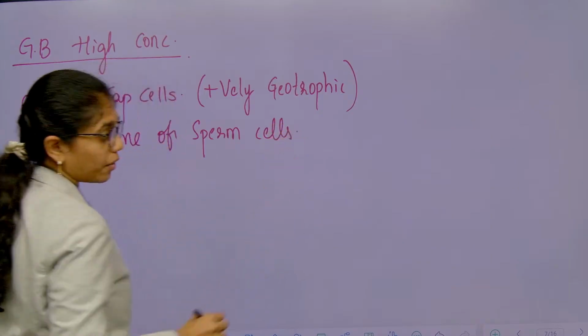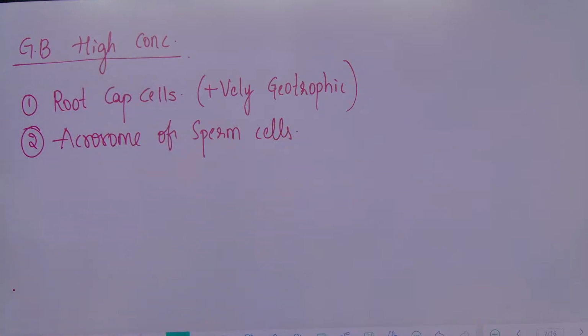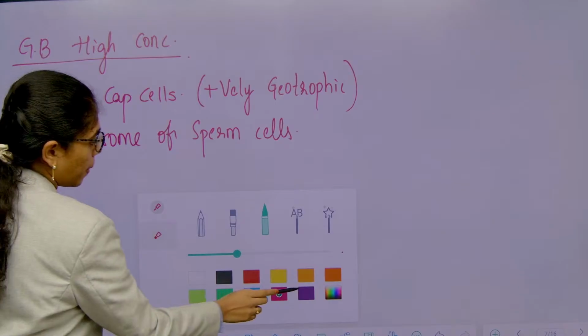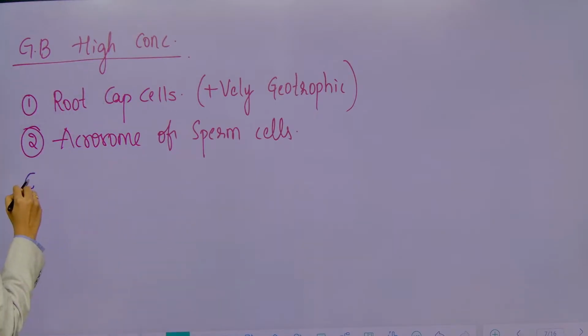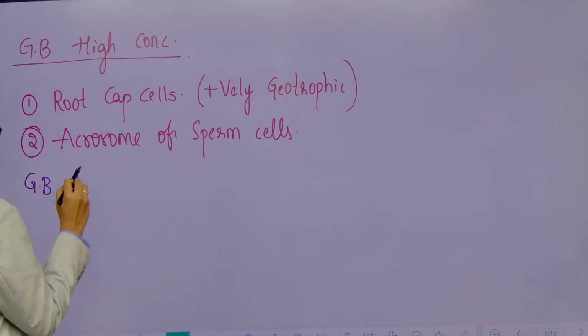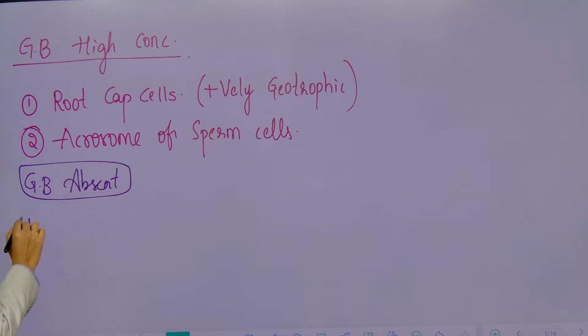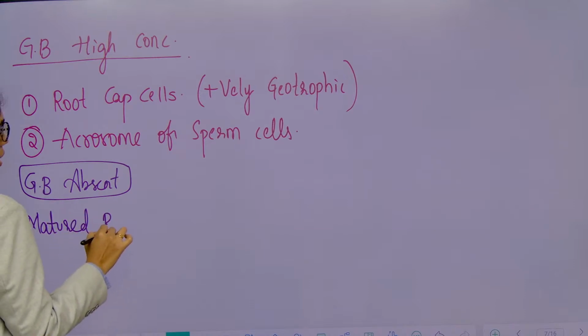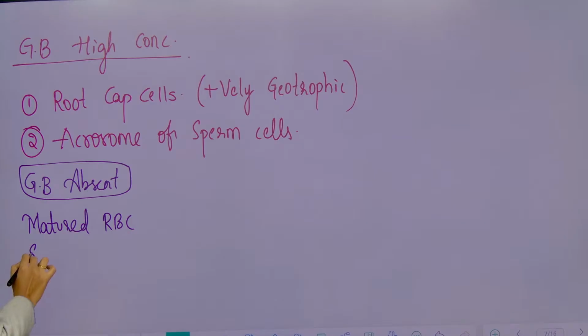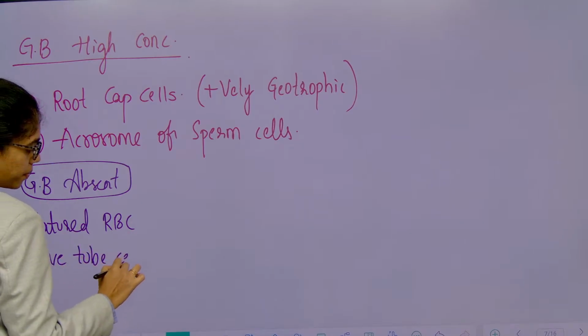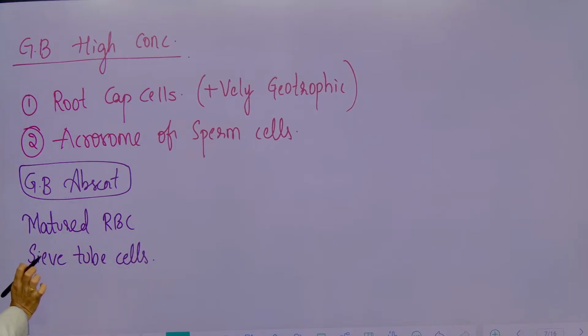Now, let us see where Golgi bodies are absent. In mature RBC, you do not see any Golgi bodies. In sieve tube cells, there will be an absence of Golgi bodies.